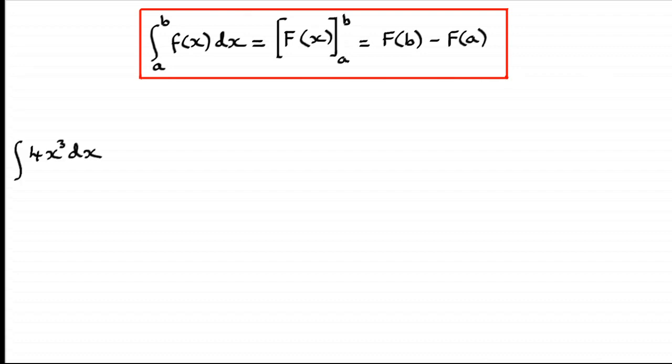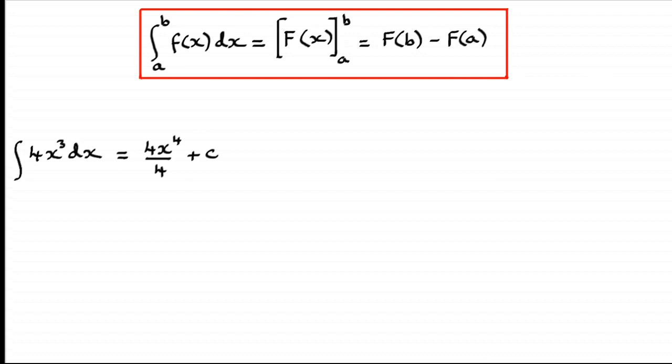Now, suppose we had to integrate 4x cubed with respect to x. In the usual way, remember, we add 1 to the power and divide by the new power. So we get 4x to the power 4 over 4, and don't forget the constant of integration, plus c.